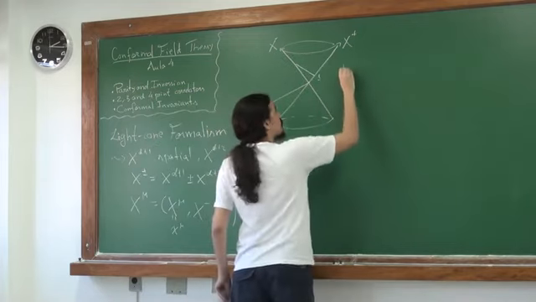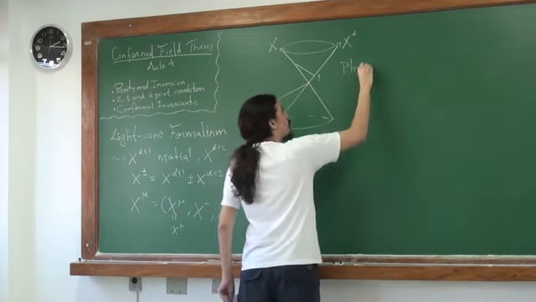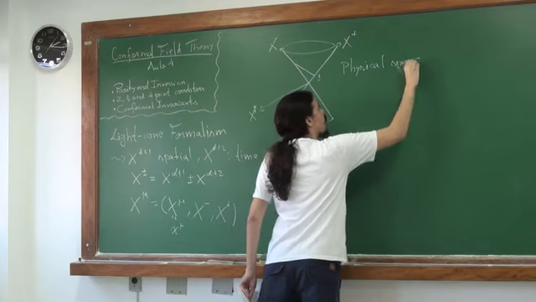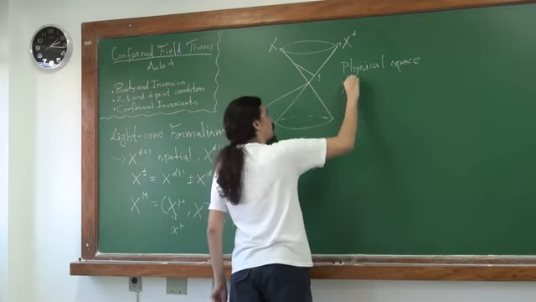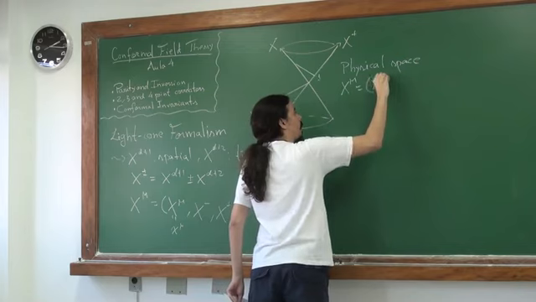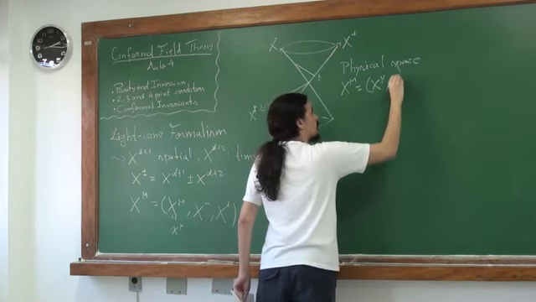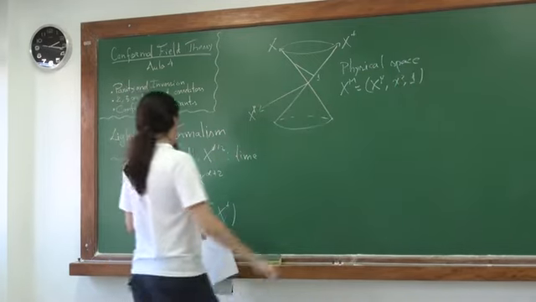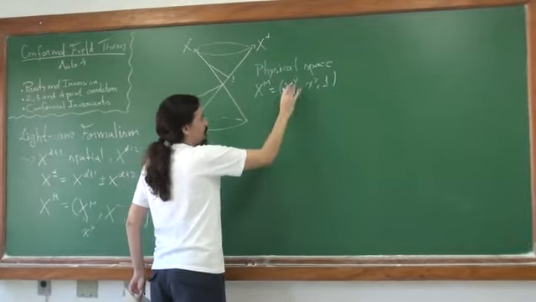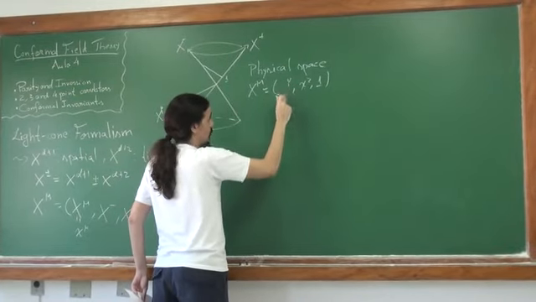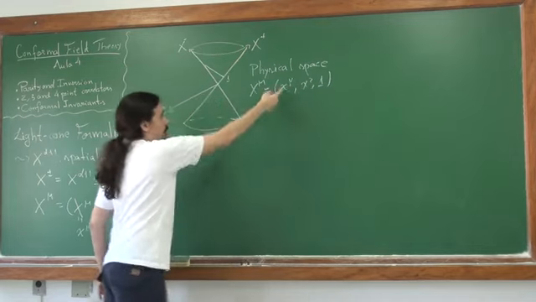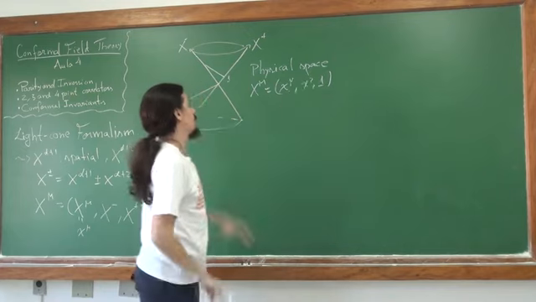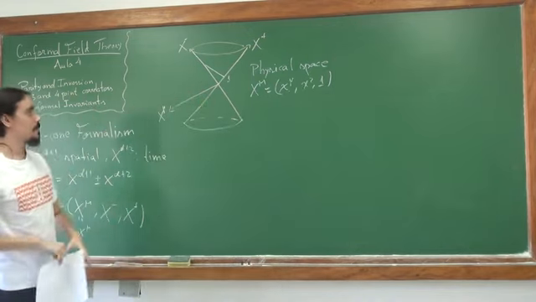Physical space was represented by x^- equals x^2. This capital X^μ is just the physical space x^μ, and X^2 is x^2, with x^+ equal to 1. Okay, this was the answer we found.